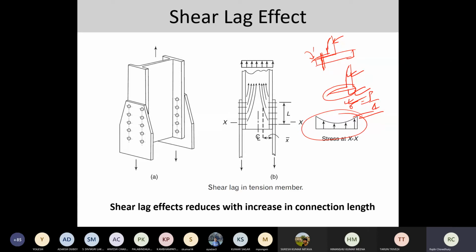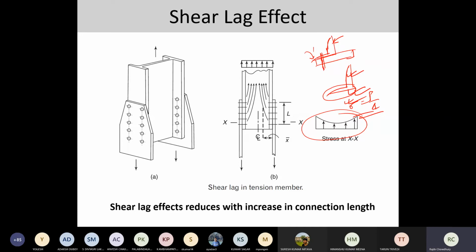That is the non-uniformity I mentioned previously. The connected leg will have a higher stress at failure, even of the order of ultimate stress, while in the outstanding leg, which is not connected, the stress may be far below the yield stress. This difference between the stresses in the outstanding, unconnected leg and the connected leg is what is called shear lag.